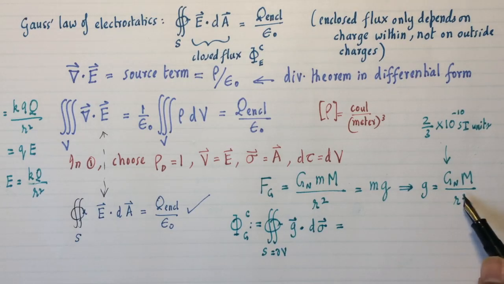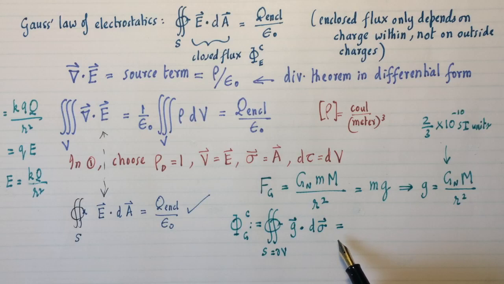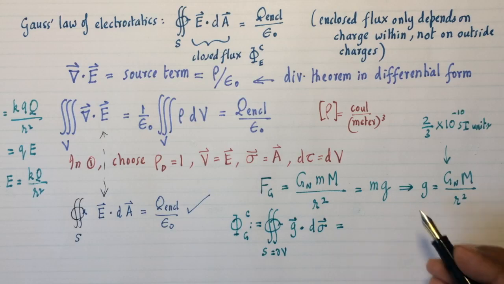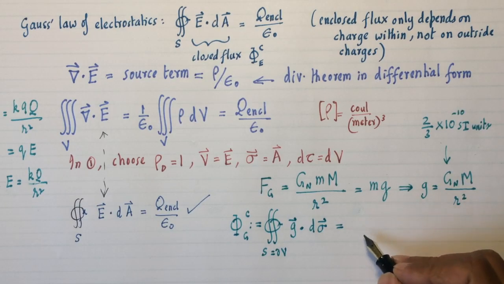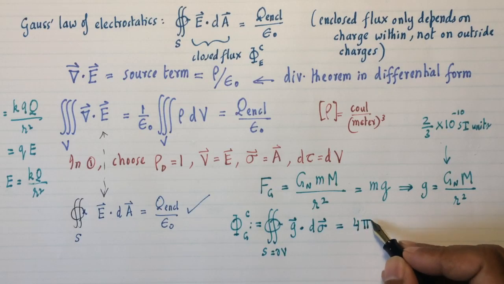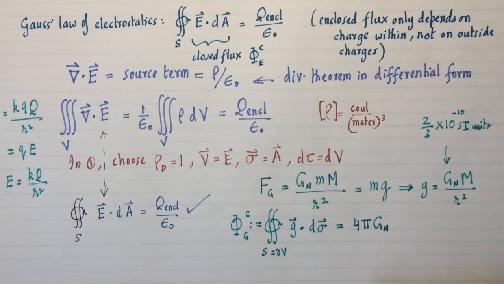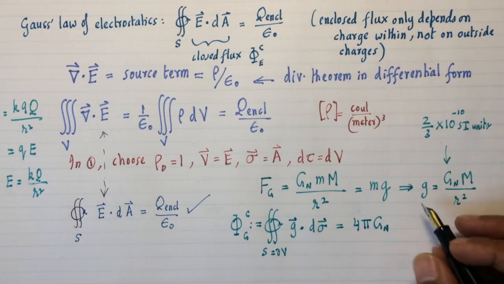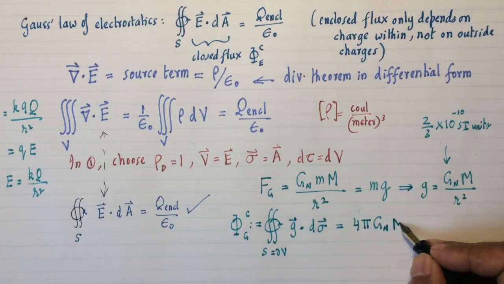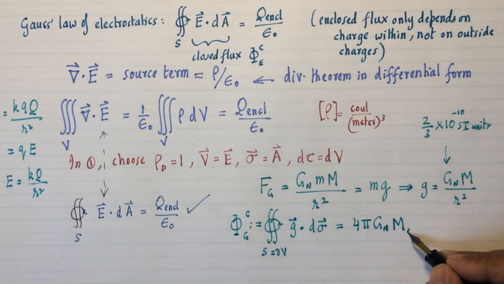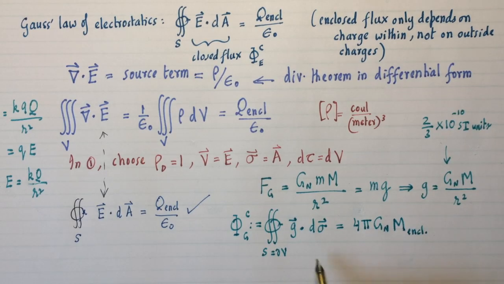I won't show you the proof of this; it's a straightforward exercise in one of the homework problems. When you take a 1 over r squared type function and put it in there, you're going to get 4 pi G_N times m. And then you can make this a law of nature by writing m enclosed. So this shows that the gravitational field only depends on the enclosed mass.